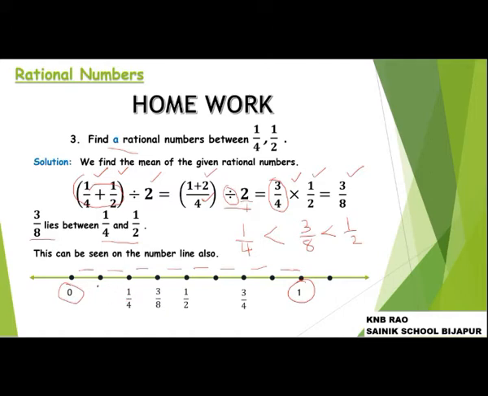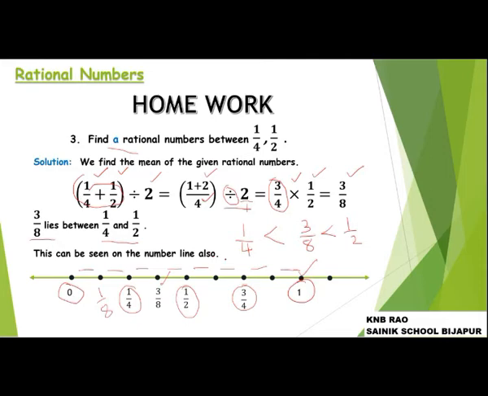That means each part represents 1/8. Now 2/8 can also be written as 1/4. 3/8 is there already. 4/8 can also be written as 1/2. 5/8. 6/8 can be written as 3/4. 7/8. And 8/8 can be written as 1.